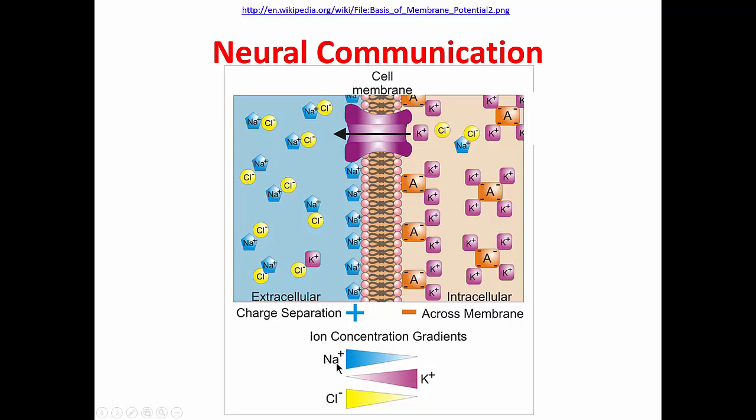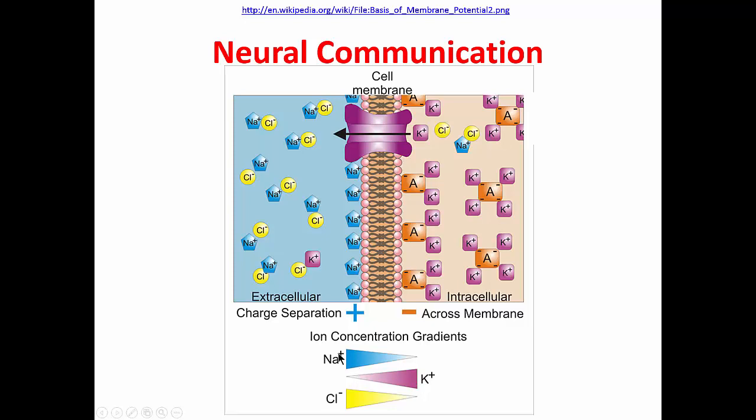So we have this sodium, which is positively valenced, and there's a lot on the left side, and as you go from left to right, the number of sodium ions is falling off. And we have the opposite situation here for the potassium ions. Also, note that they're positively charged, and these are going from here right to left. We have a high concentration on the right, a low concentration on the left.